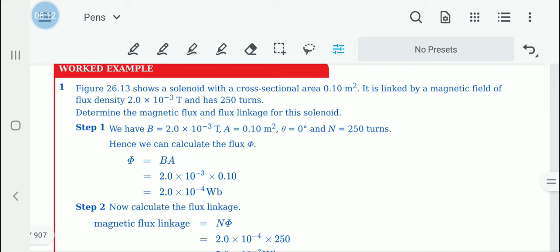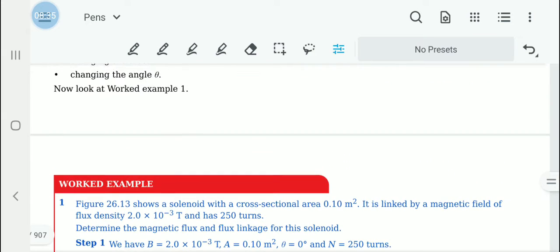Angle theta is 0, and N is 250 turns. So flux phi is BA when theta is 0, because it is parallel to the normal, it actually goes through at a 90-degree line.